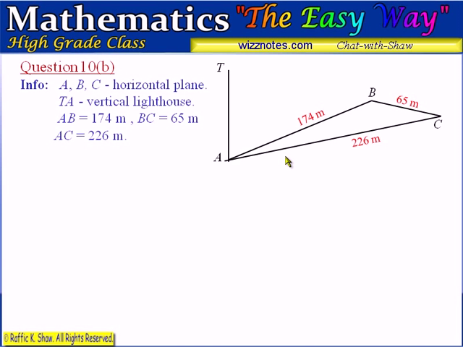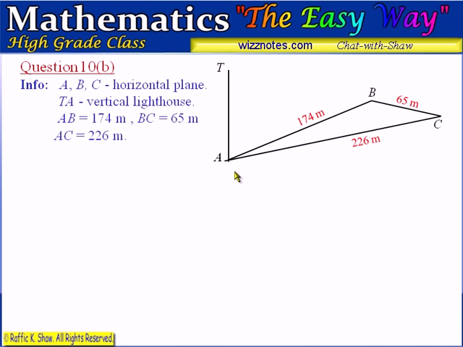So this is a three-dimensional situation. We have a horizontal plane, so these are horizontal lines, and this is a vertical line. Since this is vertical and these lines are all horizontal, the angle between this vertical and this horizontal is 90 degrees, and the angle between this vertical and this horizontal line also is 90 degrees.